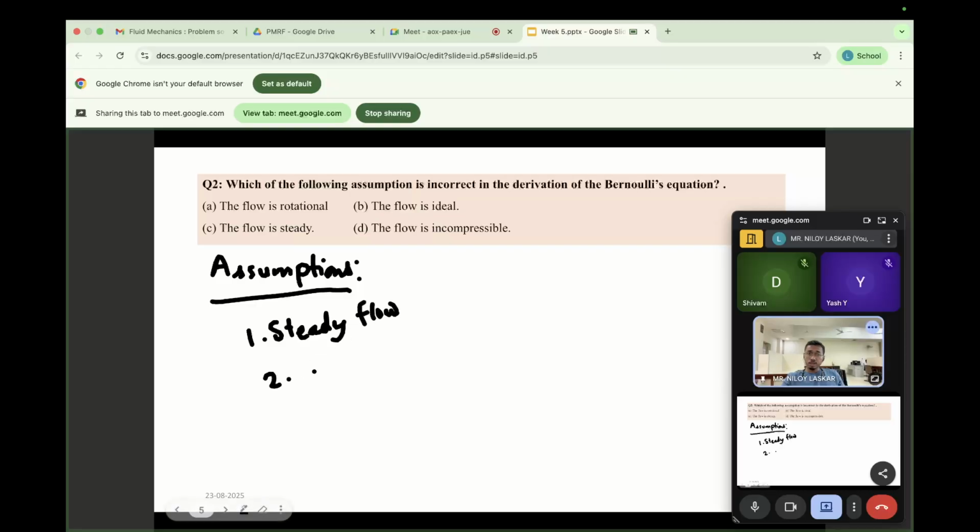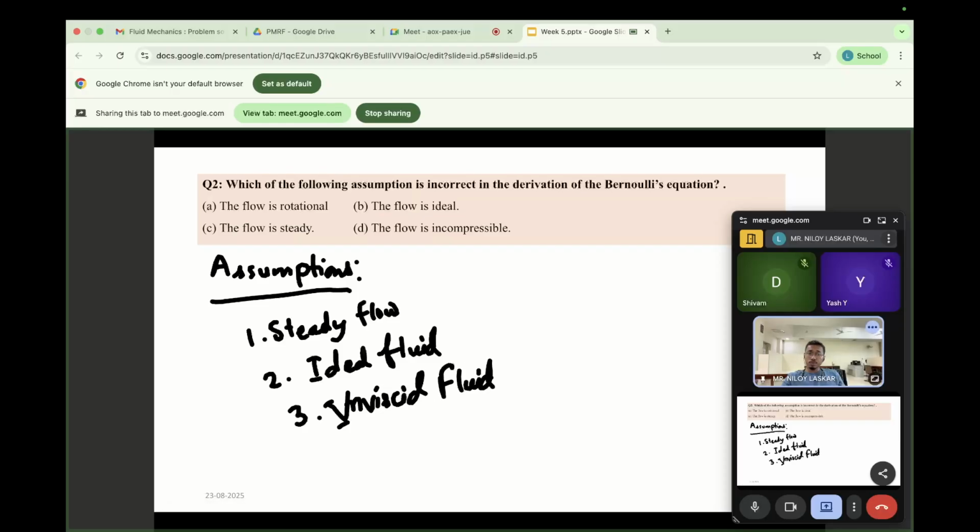Next is the ideal fluid. Third, it should be an inviscid fluid. That means there should not be viscosity in this fluid.